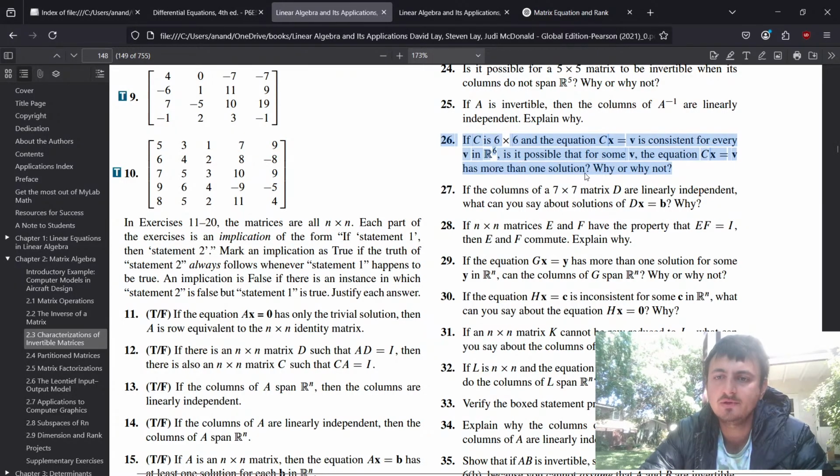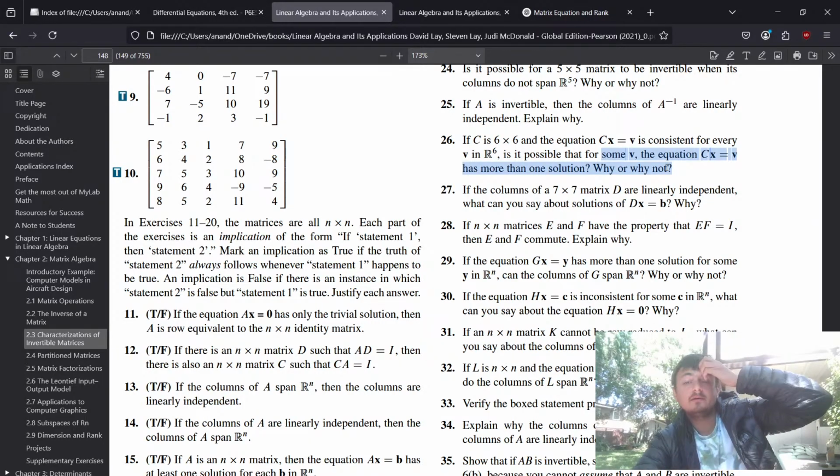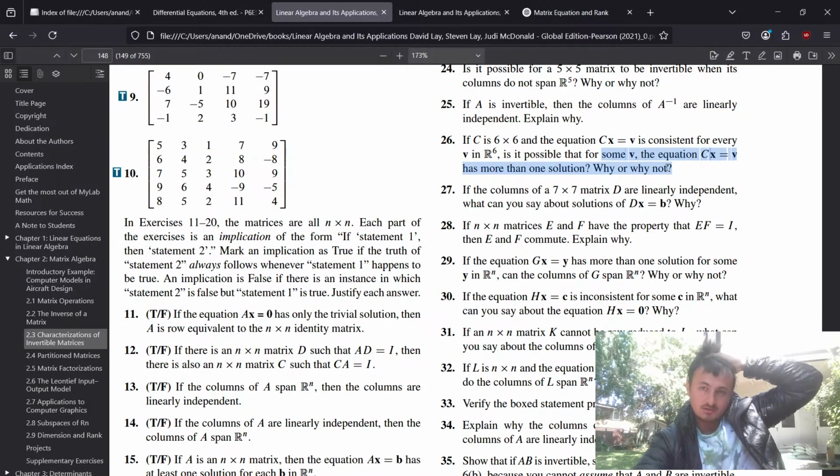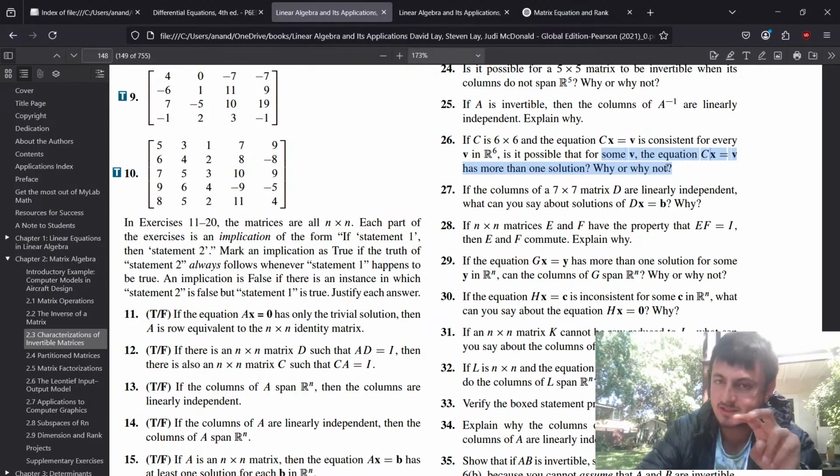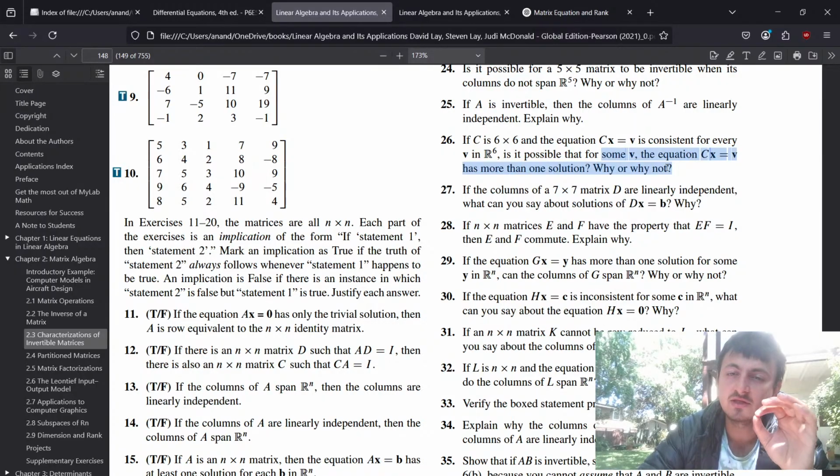Is it possible that for some V has more than one solution? Okay, so let's think about that in terms of dimension. If you can get to the same place in two different ways, meaning two different solutions for x, then there's got to be a linear dependence in the columns, I believe.